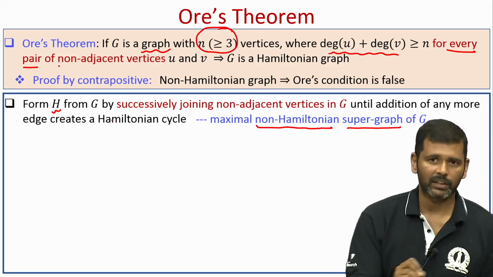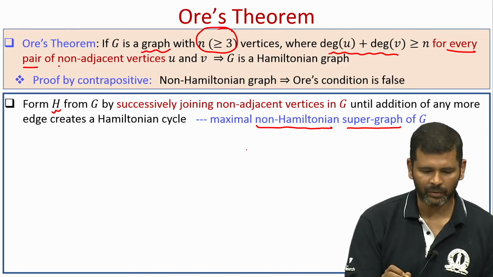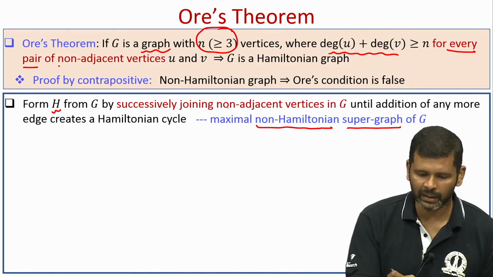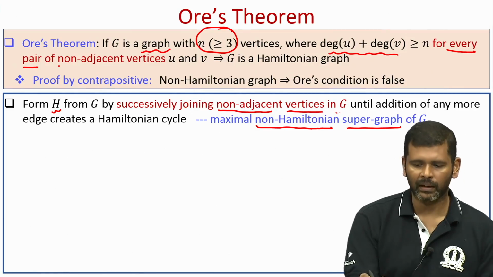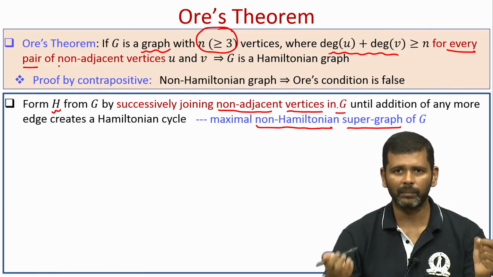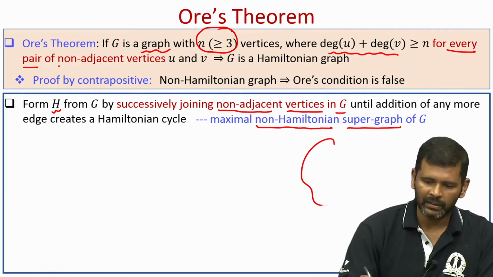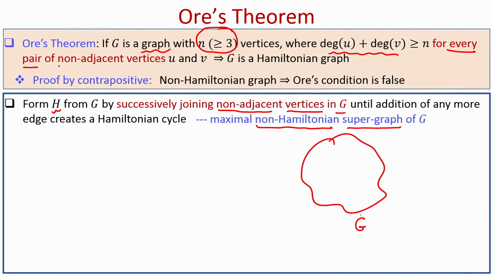So, the way I construct my graph H from the graph G is the following. I keep on successively joining non-adjacent pairs of vertices in my graph G. That means I take my graph G, imagine this is your graph G. I randomly choose a non-adjacent pair of vertices in the graph G, say u and v, and I check whether by adding the edge between the nodes u and v I get a Hamiltonian cycle in the graph or not.